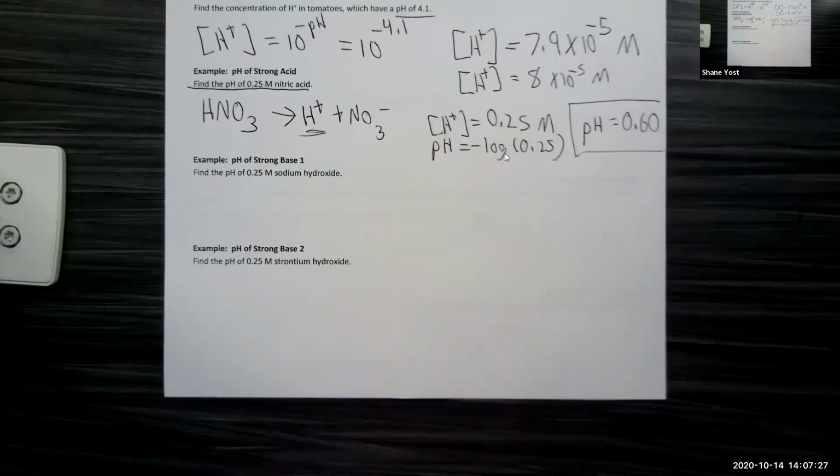I'll wait a minute for people to try to calculate the pH on their own, then we'll do that together. We're going to do example number 2, pH of strong base 2, right after this. So if you want to work on both of them, you're welcome to.